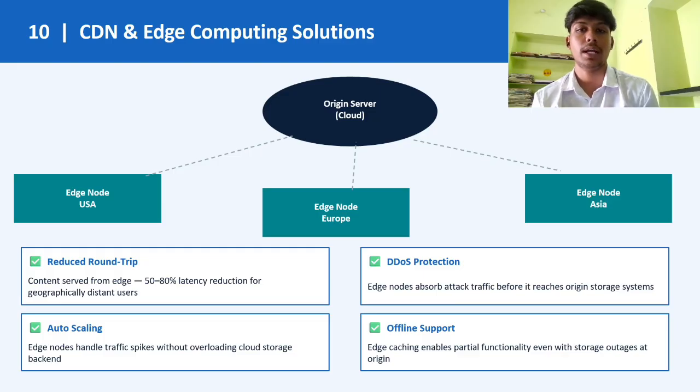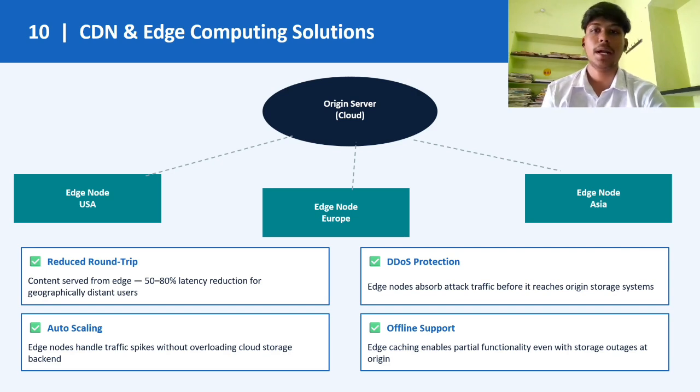Even if your origin server has a brief issue, cached content can still be served from edge nodes. For any app with users in multiple cities or countries, CDN is not an option. It is essential infrastructure. So these are the main advantages of CDN and edge computing solutions.